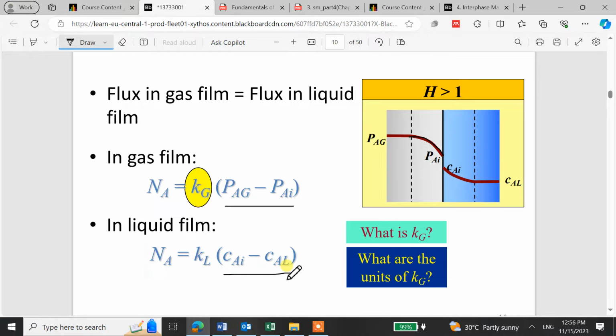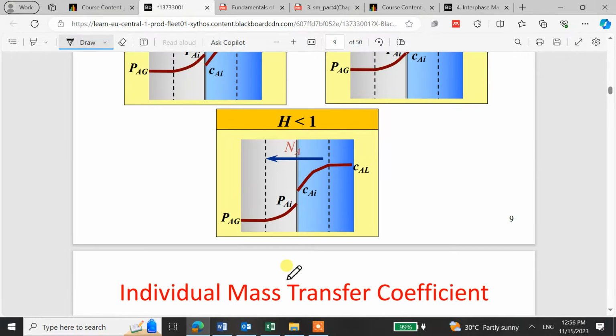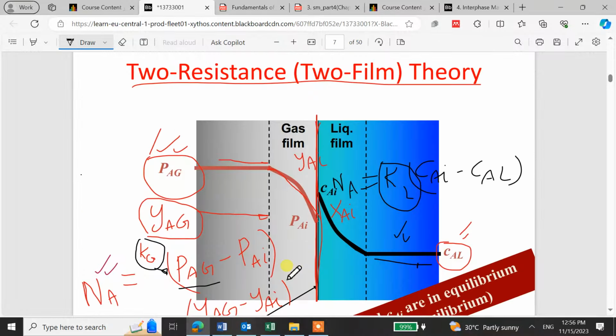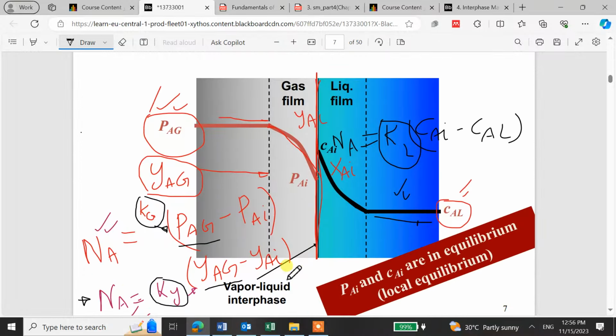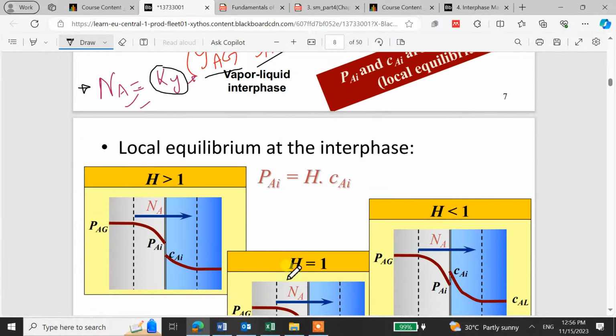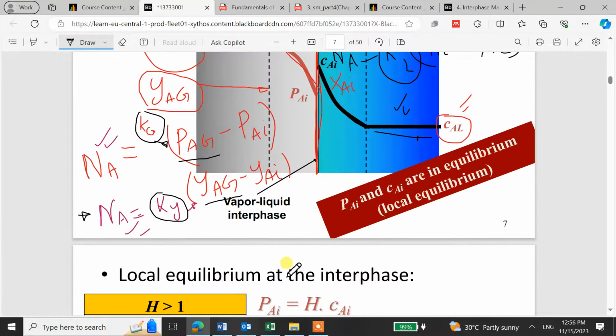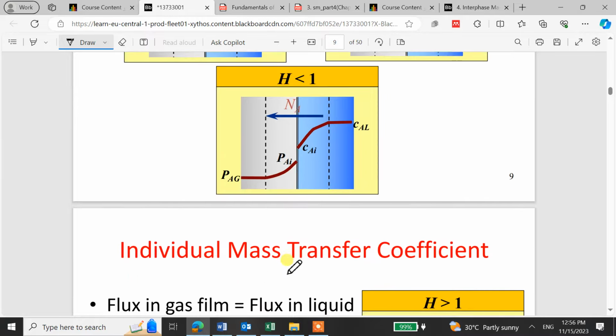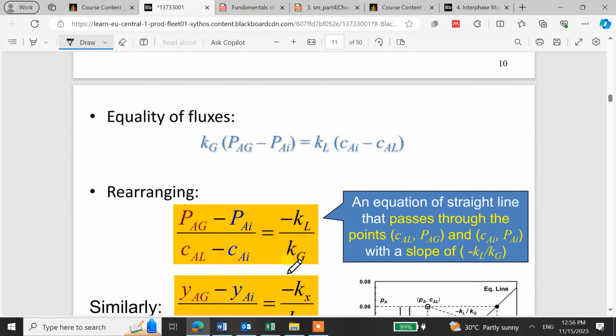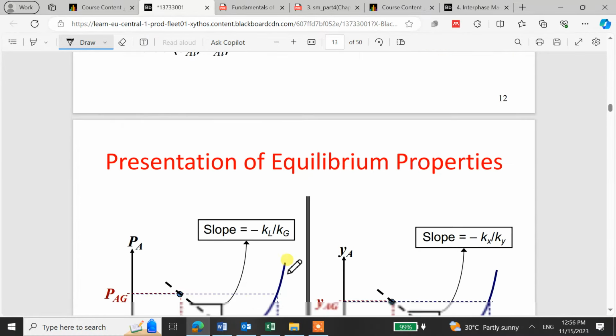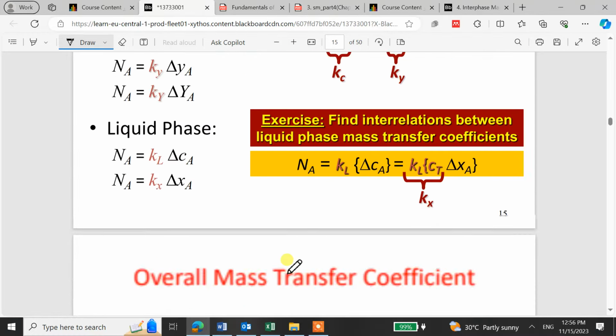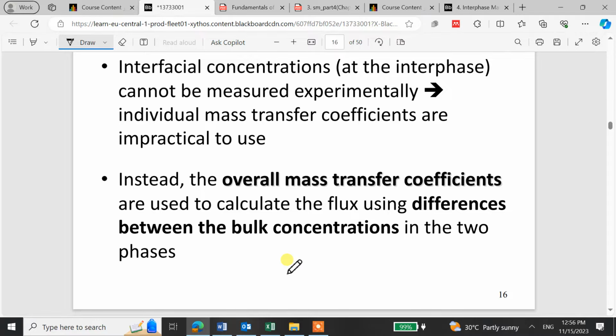Then we have the overall mass transfer coefficient, which is based on going overall from gas to liquid.